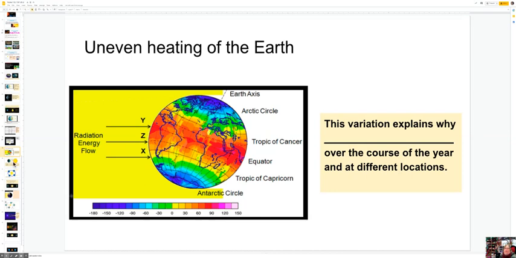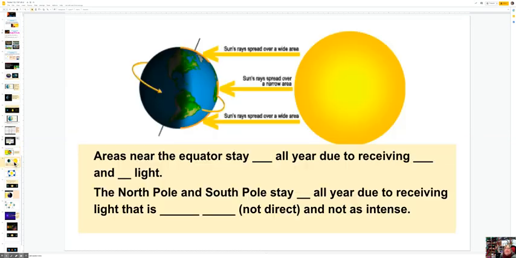Okay. So kids, remember these words over here will help you answer your questions later. All right. Kids, areas near the equator, the sun's rays spread over a narrow area. Okay, so there it's going to stay warm pretty much all year, due to receiving direct and intense light.